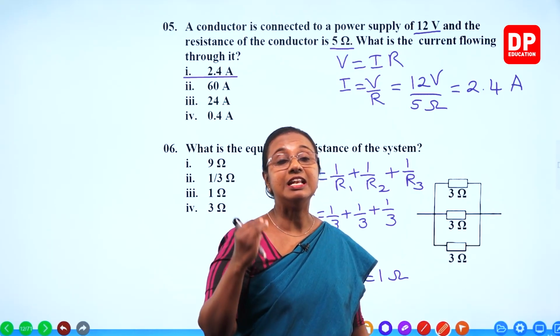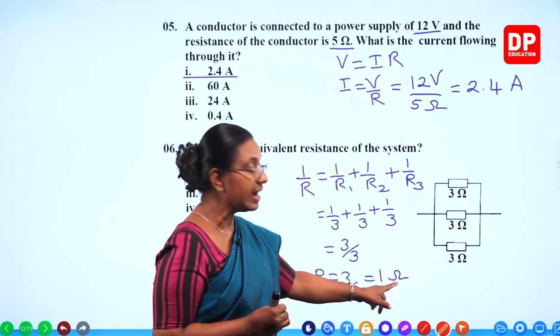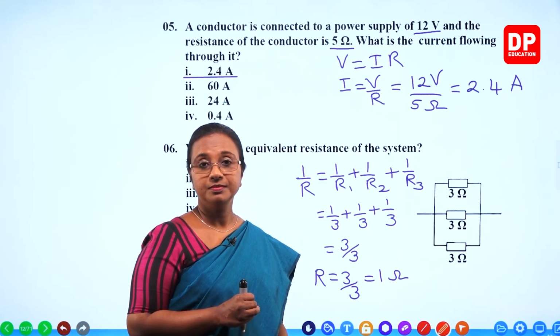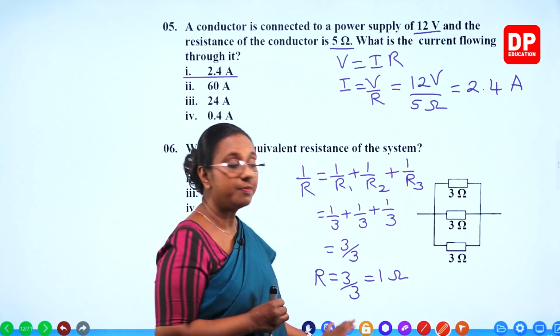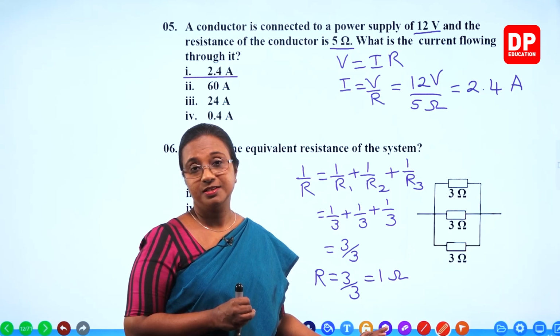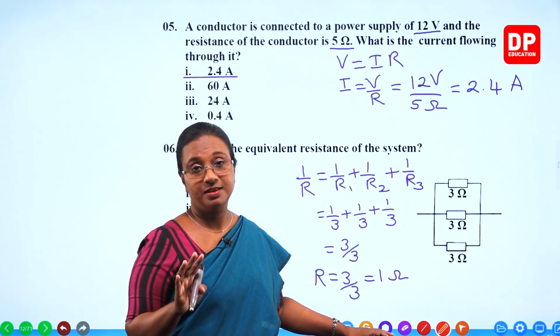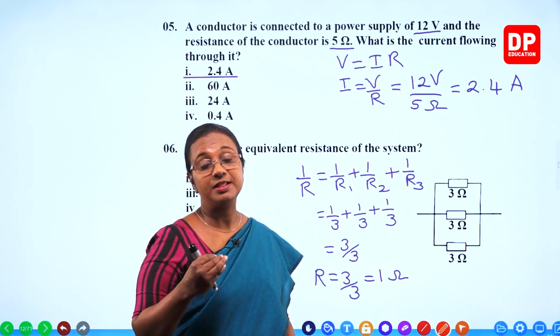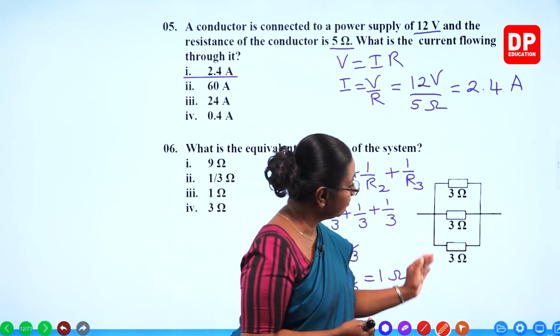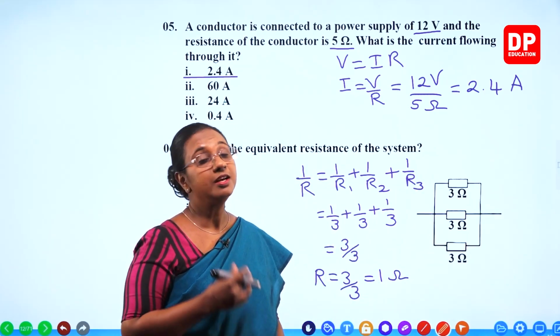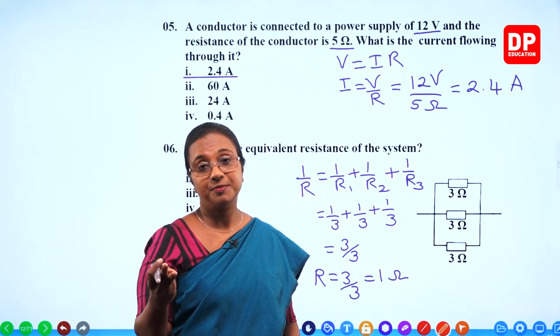So 3 divided by 3, 1 ohm. That is something you get from this equation, student. So if you want to do the calculation, it's fine. But if you are used to the method of calculating with this shortcut method, you can divide it by 3.